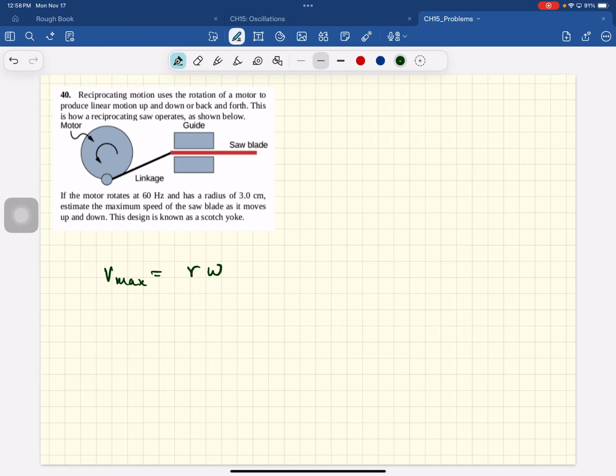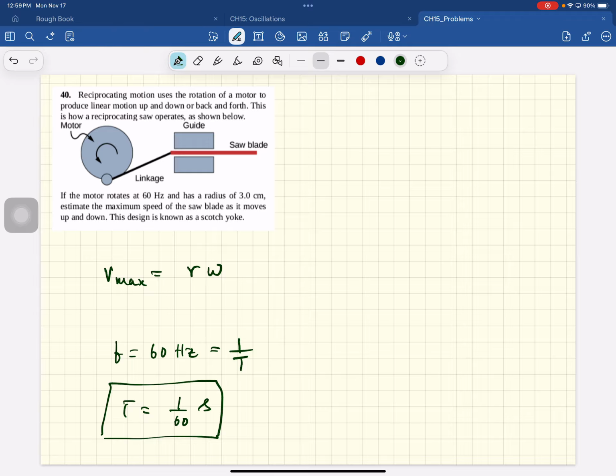So frequency is 60 hertz, which is 1 over the period. 1 over the period is 1/60th of a second. And omega is 2 pi radians divided by the period, so it's 120 pi radians per second.